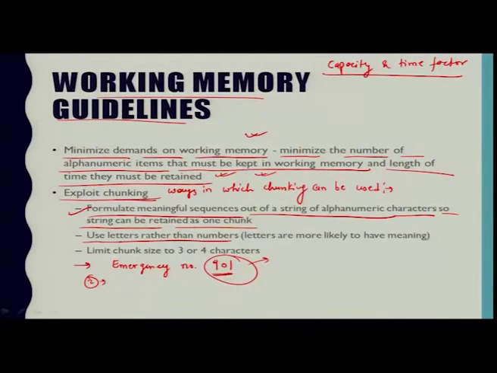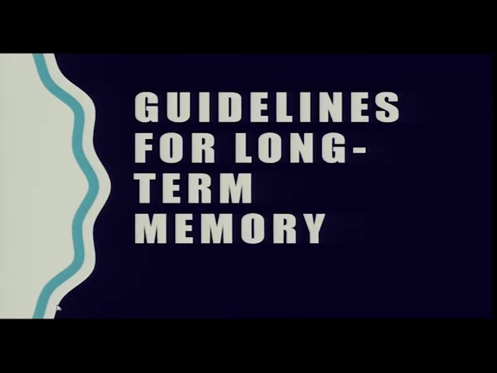So, use letters rather than numbers. The third way in which chunking can be performed is to limit the chunk size to 3 or 4 characters. In this way we can retain that particular information in working memory, and it can be used for further processing.